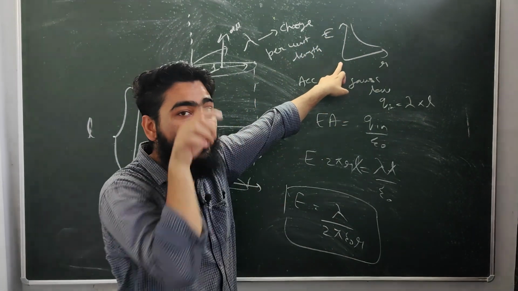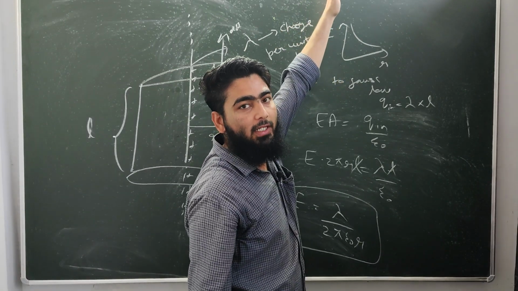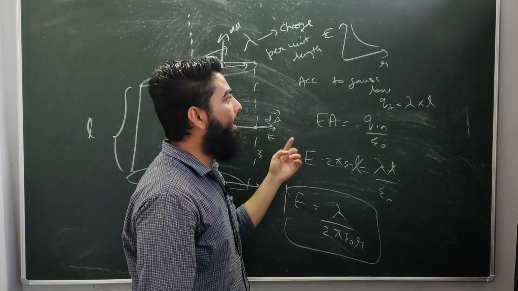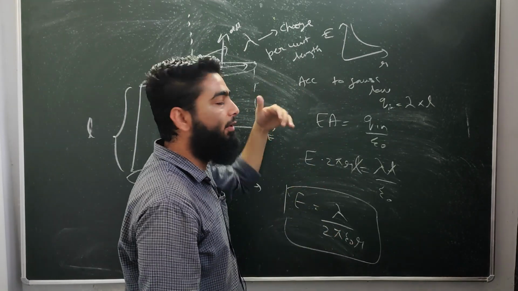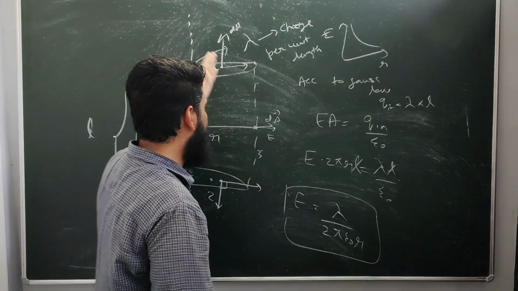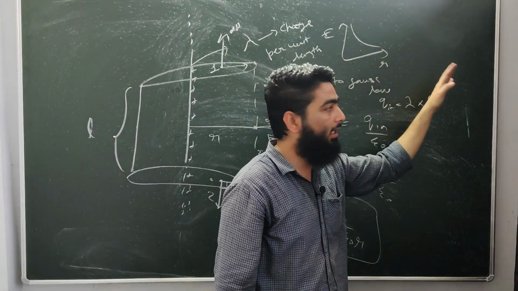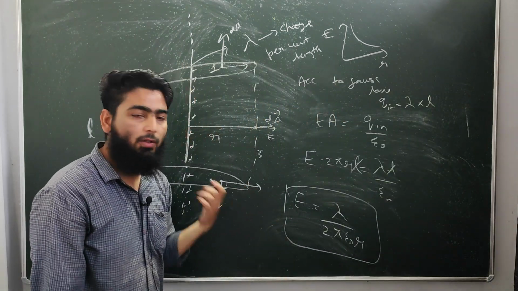If you place R equals 0, the electric field will touch infinity in the positive E direction. So the range of electric field is from infinity to 0. As you move away, it will start decreasing and it will be 0 at infinity. So this was the application of the Gauss law.